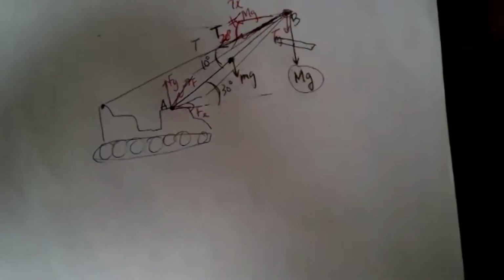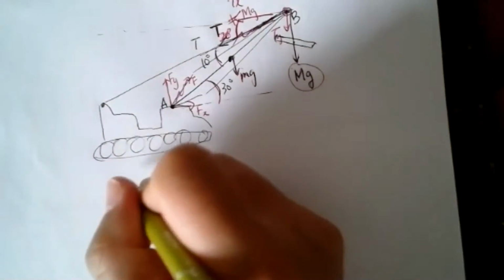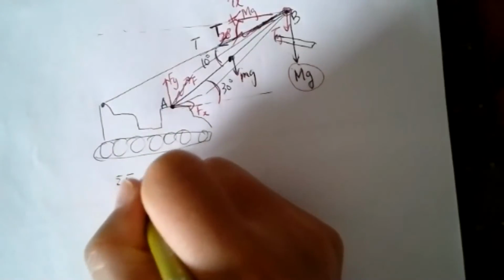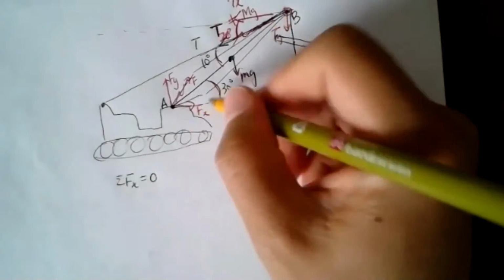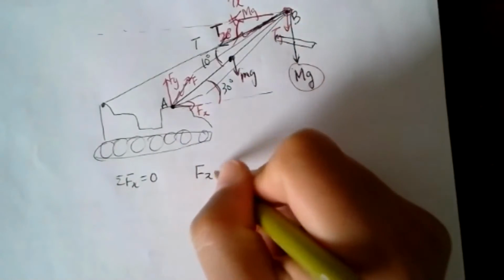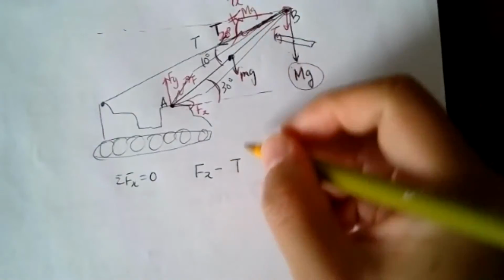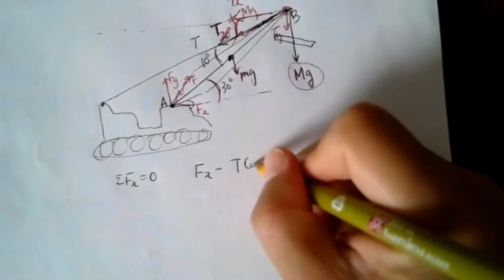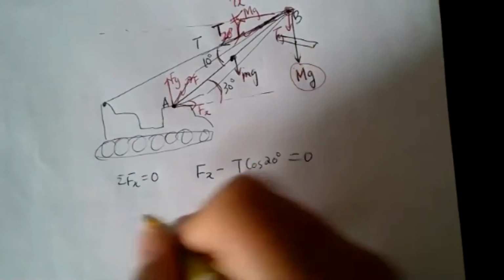All right, so then you apply net force equal to 0. Net force in x is equal to 0, which means net force in x is this guy, Fx, minus tension force x. Tension x will be T cosine of 20 degrees, that equals 0.